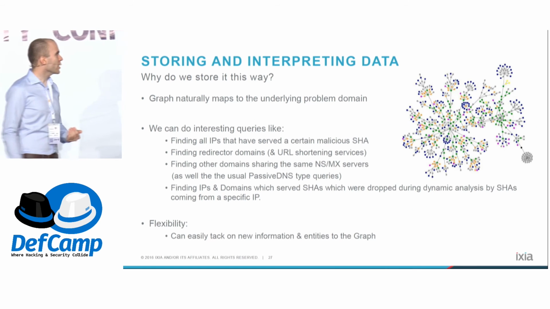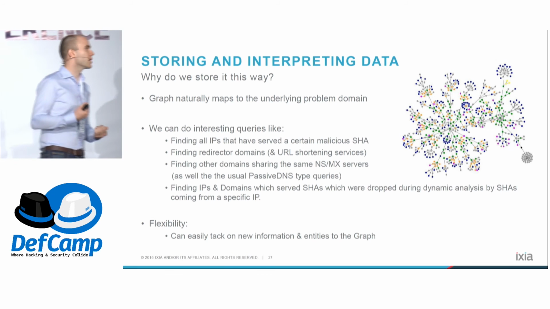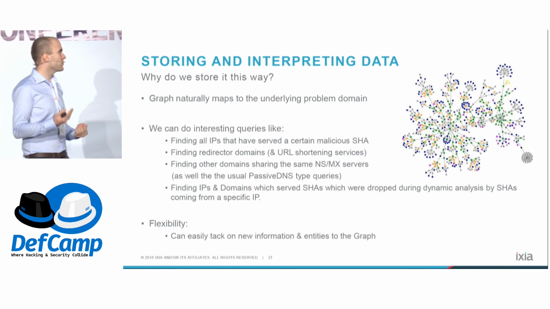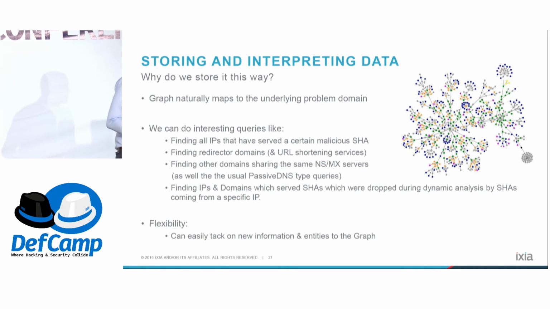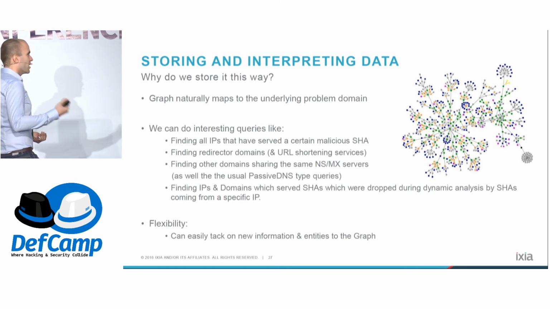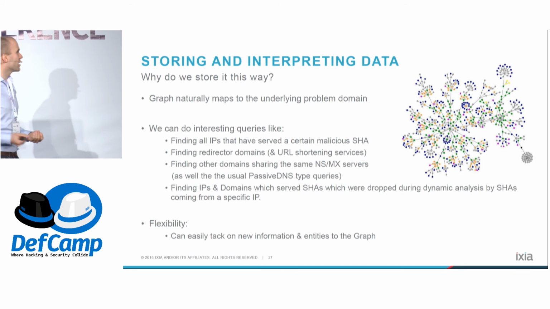Right? Okay, so why choose this particular way of storing it in a graph? For one thing, the graph maps naturally to any problem domain, which of course is the internet. So if what we're trying to achieve is a graph, why not model it as a graph?